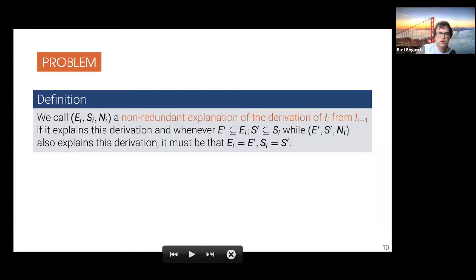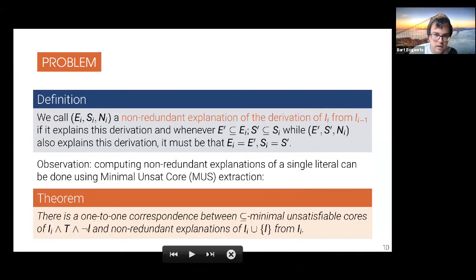And we're not just looking for any explanation, but for non-redundant explanations, because you can always say, well, the entire theory and the entire current interpretation together explain whatever we can derive from them, and we're done. But we don't want to do that, of course. We want to get a small explanation, and this is called a non-redundant one. An important correspondence here is that non-redundant explanations correspond one-to-one to minimal unsatisfiable cores, also sometimes called minimal unsatisfiable subsets, of a different theory.